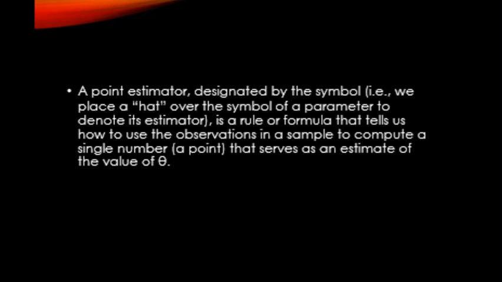If we use theta as our parameter, then the point estimator would be denoted with theta with a small hat on top. There will be a rule or formula that we use on the observations in the sample to compute a single number, which will be the estimate of theta.